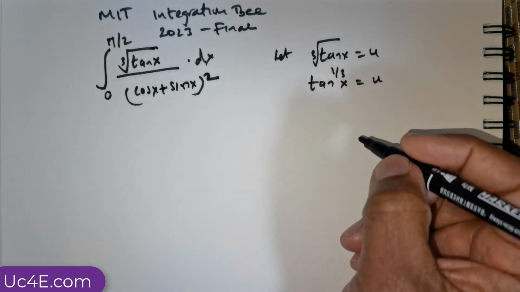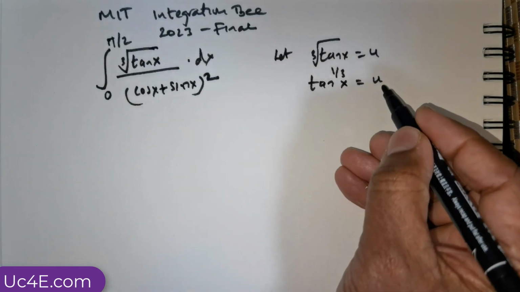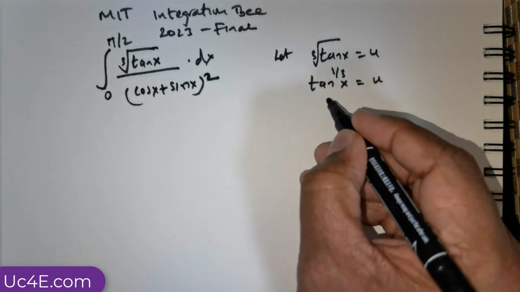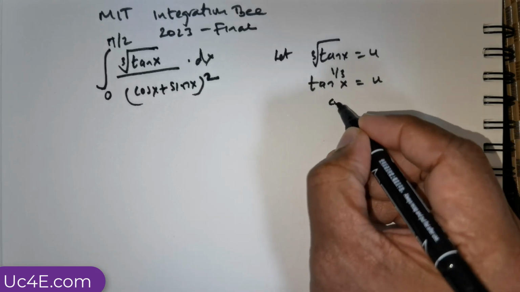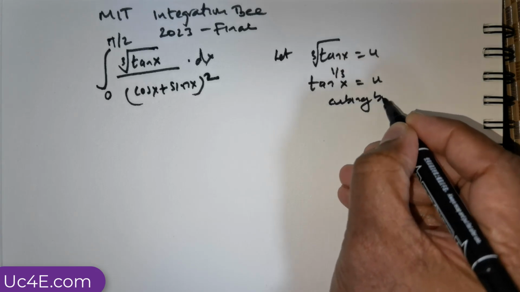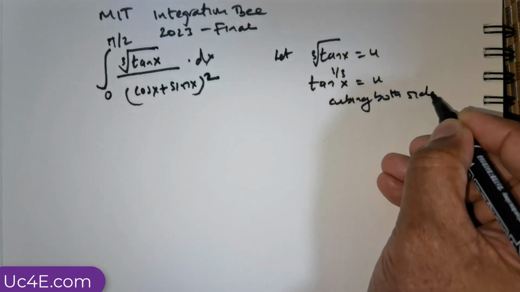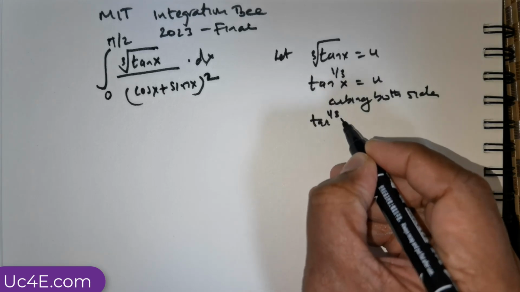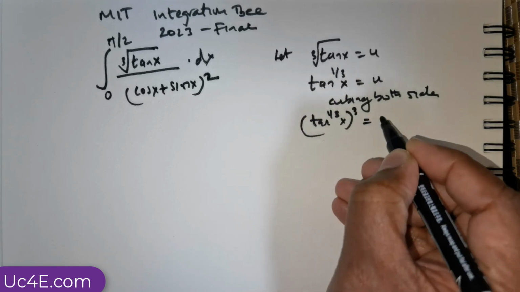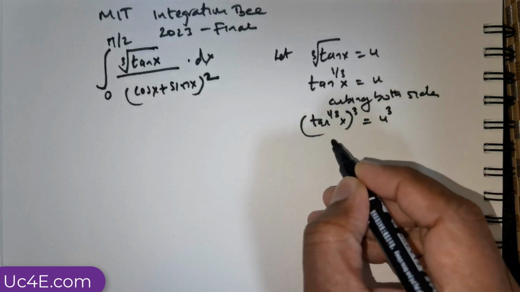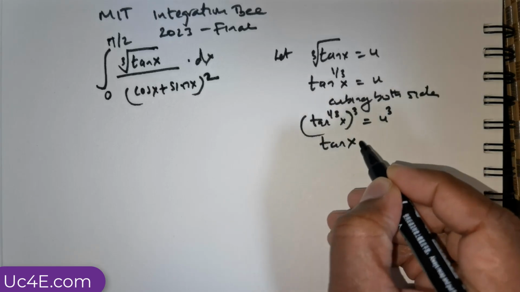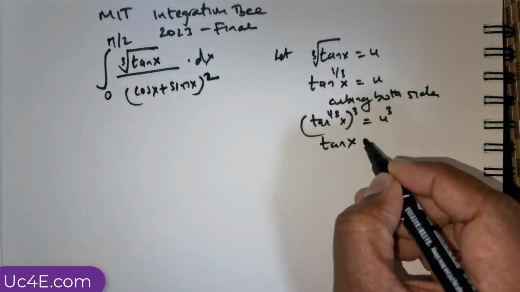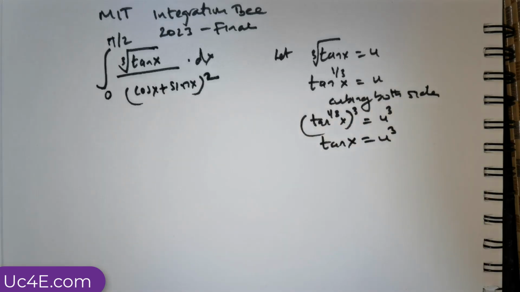If you cube both sides, what would we get? tan x raised to the power of 1 over 3, raised to the power of 3, is going to be u cubed. So tan x is equal to u cubed.